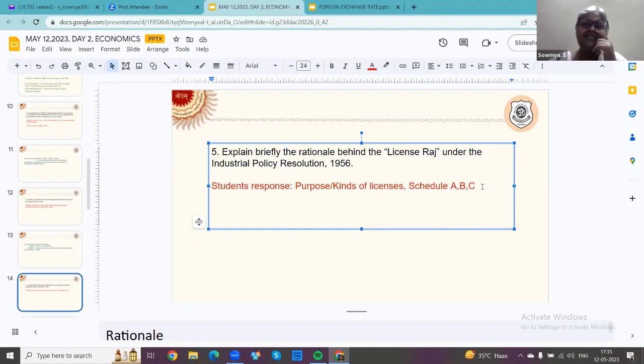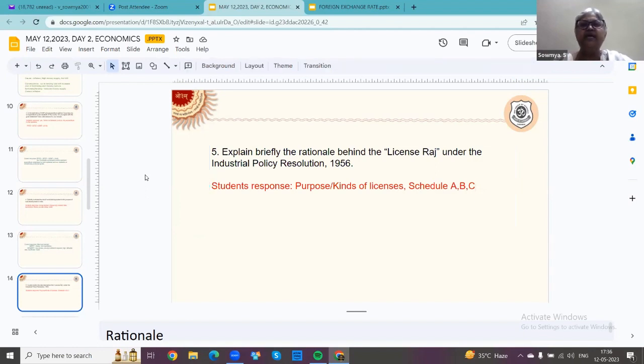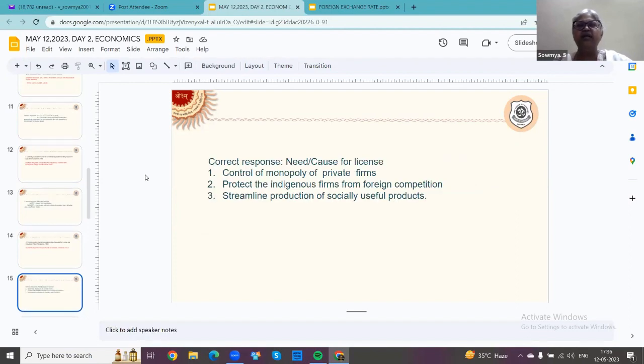So our indigenous industries, Indian industries were protected by the licenses. The government took up a lead role and it came out with huge investment, right? And it said, okay, fine, if a private Indian or private multinational corporation wants to come in, then you need to get the permission, get the license or a permit, and then only you can enter. So that is what you're supposed to write more on, isn't it?